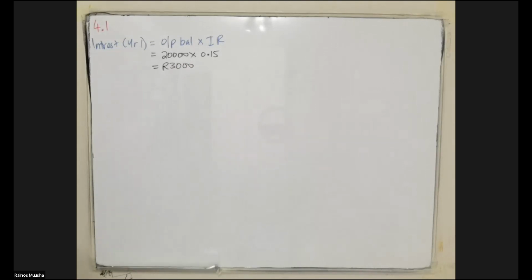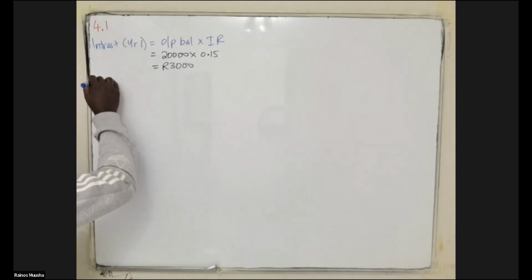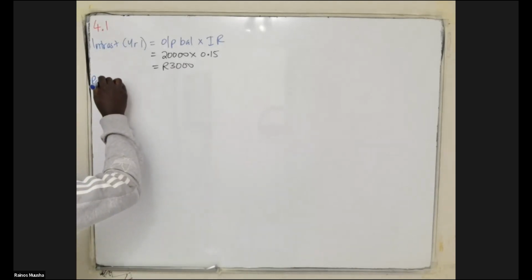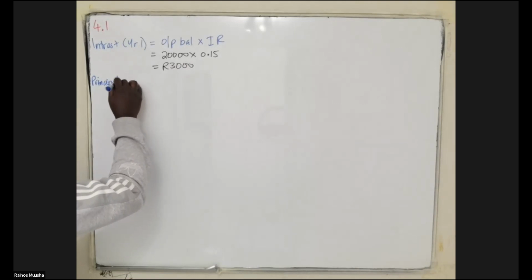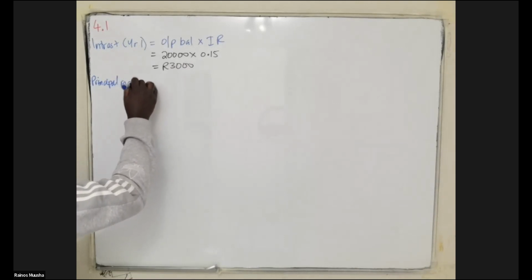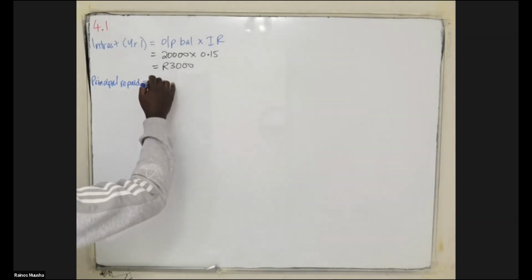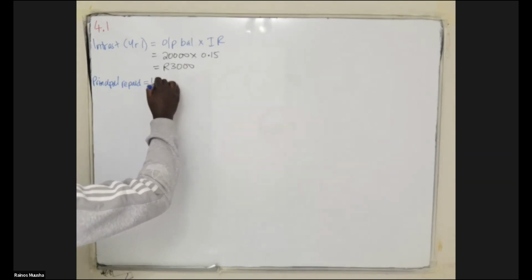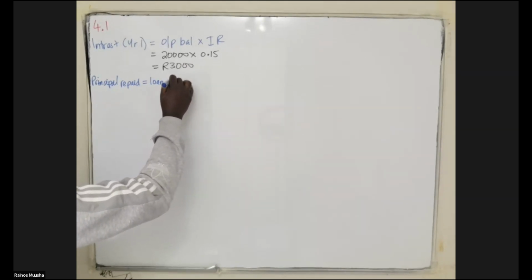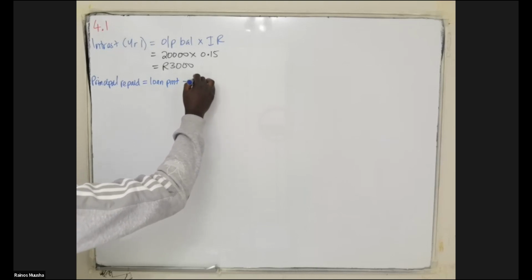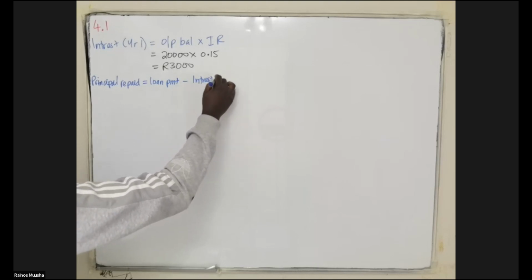For us to be able to get the closing balance, we need to first find out exactly how much is the principal repaid. And the principal repaid is given as the loan payments minus the interest paid.